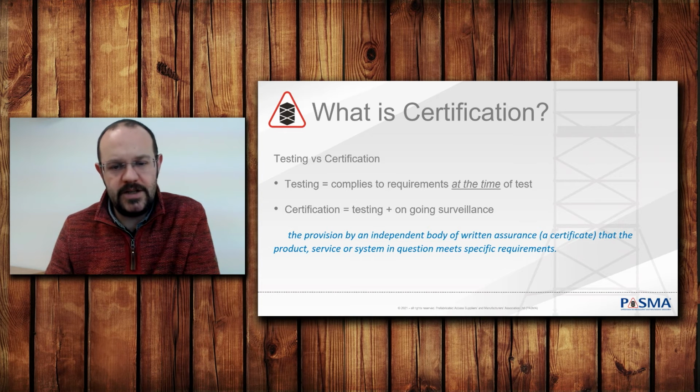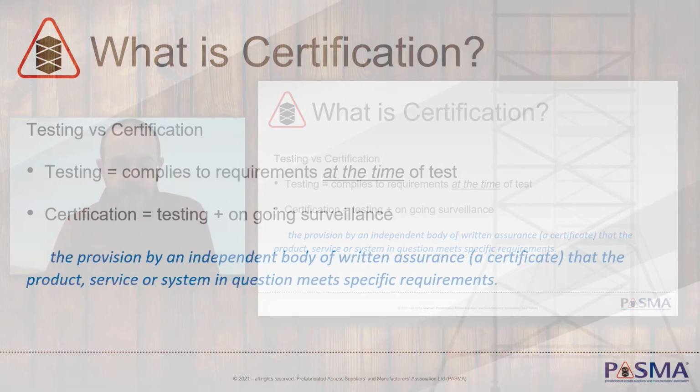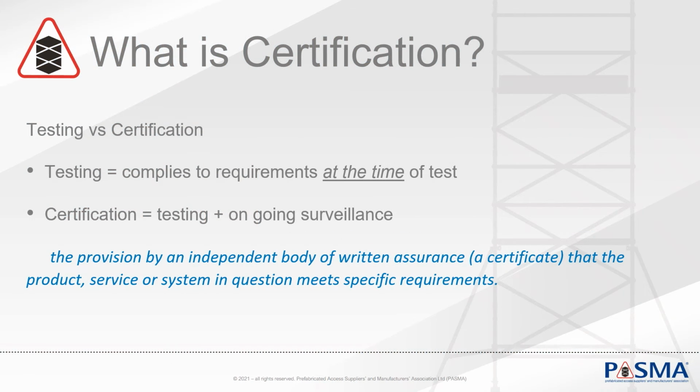But what if something changes after the testing has been completed? What if the materials used in the product change or the labels are redesigned to save cost and safety critical information removed? Whilst a single product test conducted by a test laboratory can show that the product is compliant to a standard, it only shows that the sample provided was compliant on the day it was tested. And this is where certification comes in.